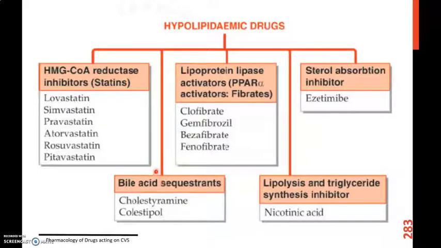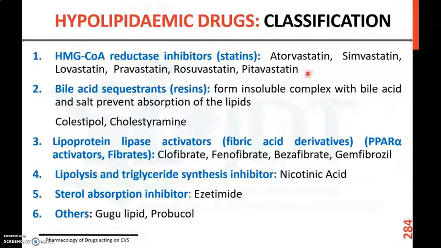Now second classification is bile acid sequestrants like cholestyramine and colestipol, and third classification is lipoprotein lipase activators like clofibrate, bezafibrate, gemfibrozil, and fenofibrate, and lipolysis and triglyceride synthesis inhibitors like nicotinic acid and sterol absorption inhibitors like ezetimibe. So this is the classification of hypolipidemic drugs. We also have some other drugs like gugulipid and probucol which are of natural origin.